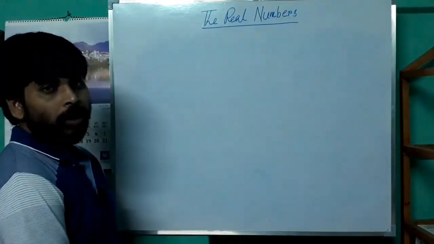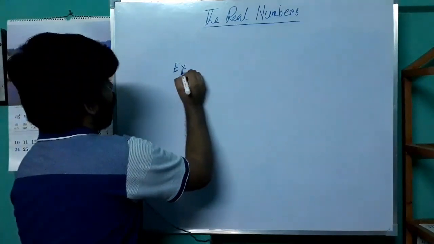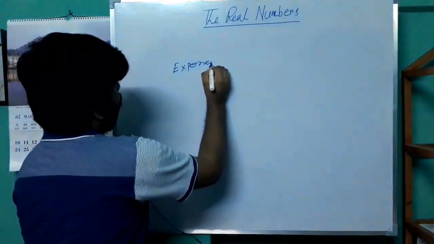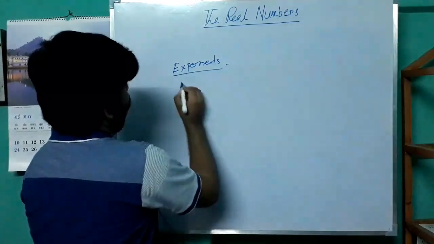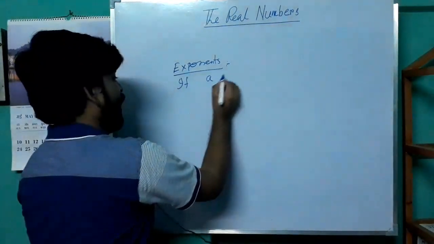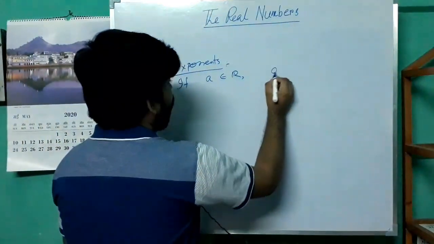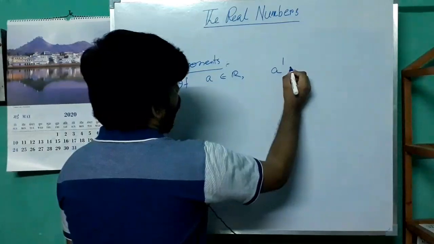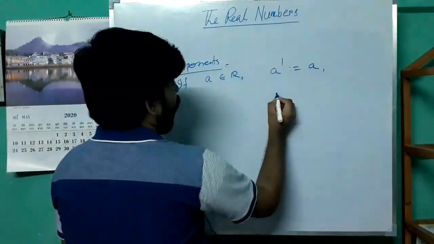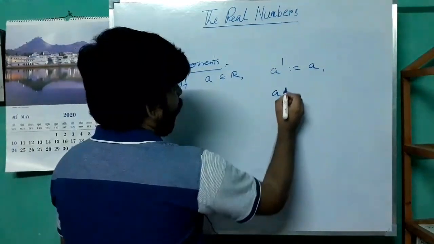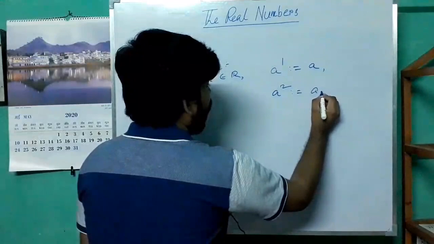Next we introduce the notation of exponents. If a is a real number, then by a to the power 1 we mean a. By a square we mean a dot a.